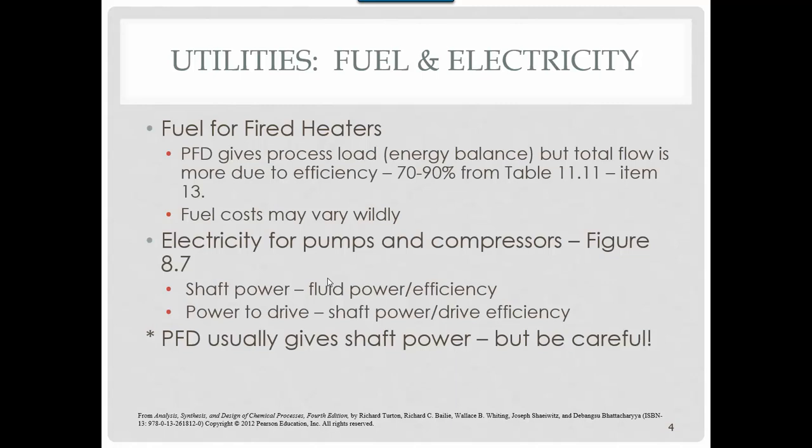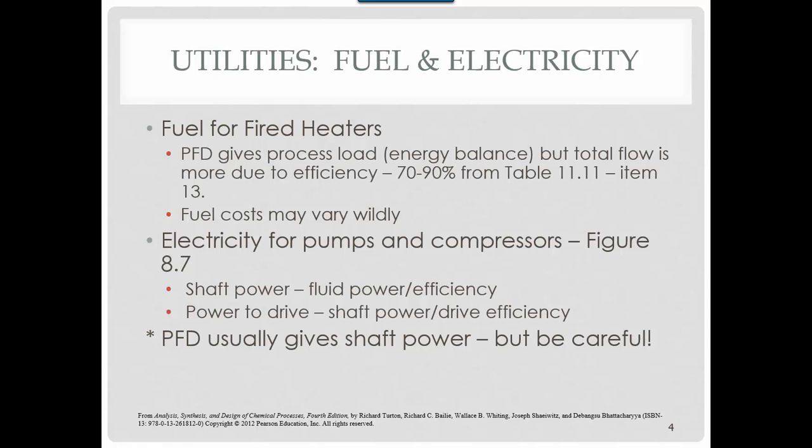Now, you also are going to have to deal with fuel costs, and those are going to vary a lot. We're going to look at a picture here in just a few minutes. We're also going to have electricity costs. Pumps and compressors require electricity. The shaft power is the fluid power, what is actually delivered to the fluid, divided by the efficiency of the pump or compressor.